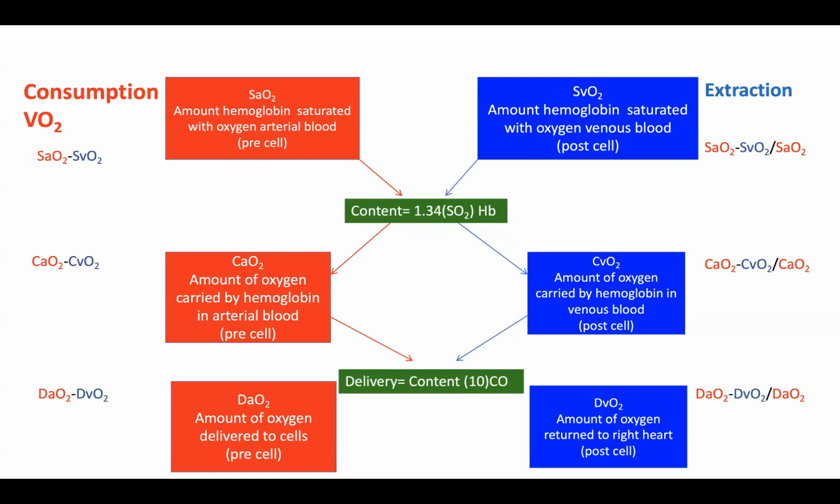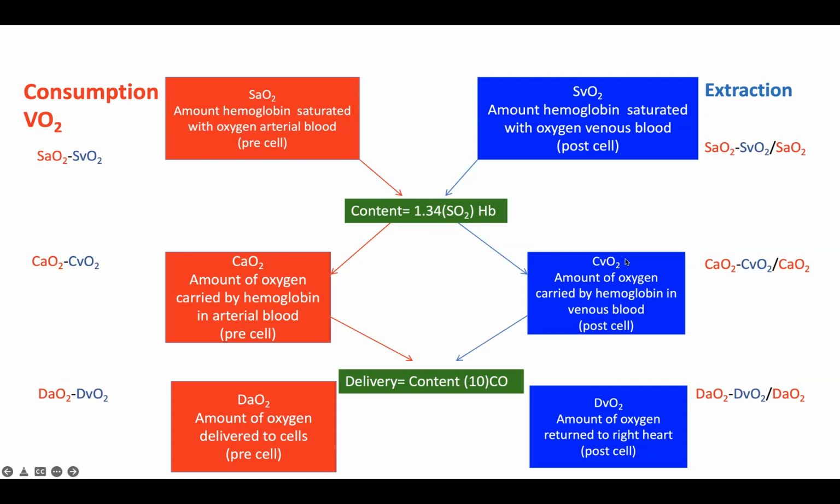Now, don't get worried about this. This is my design to help people understand this. So you can see all the way down on this side, you have the letter A: SaO2, amount of hemoglobin saturated, CaO2, amount of oxygen carried by the hemoglobin, and DaO2, the amount of oxygen delivered to the cells, all in the arterial bed.